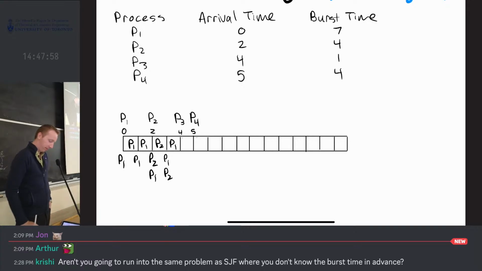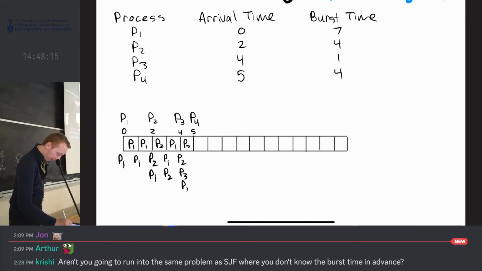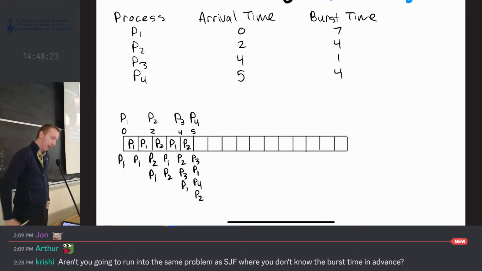So P1 would go. Then our queue would look like P2 is the only thing there. Now we have that tie again. P3 is coming in while we're requeuing P1. So we would go P3, then P1. Then P2 would execute. Our queue would look like P3, P1. Then P4 comes in, and then P2.